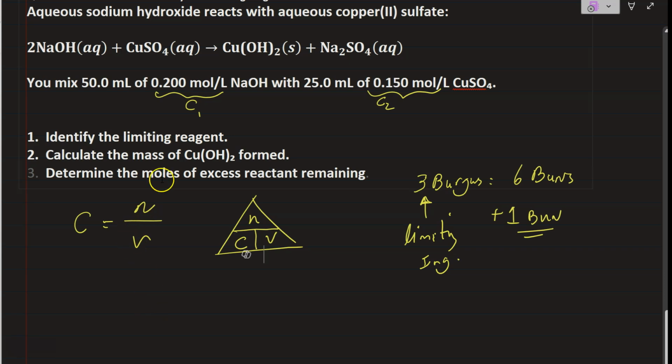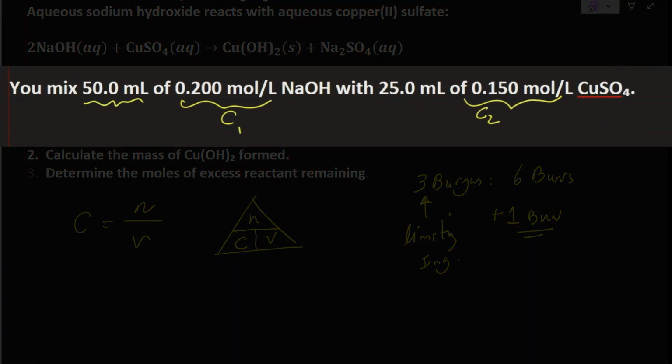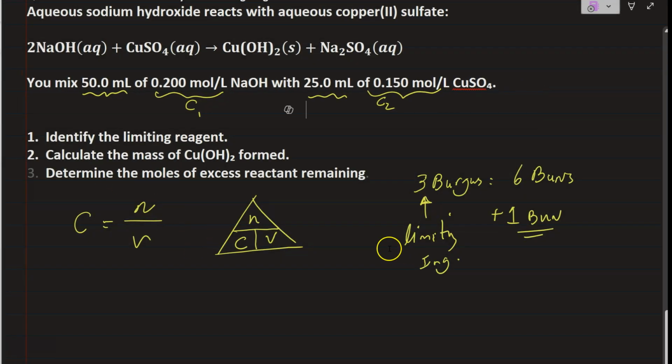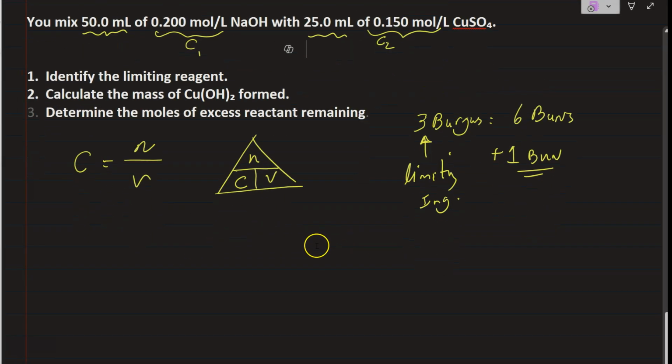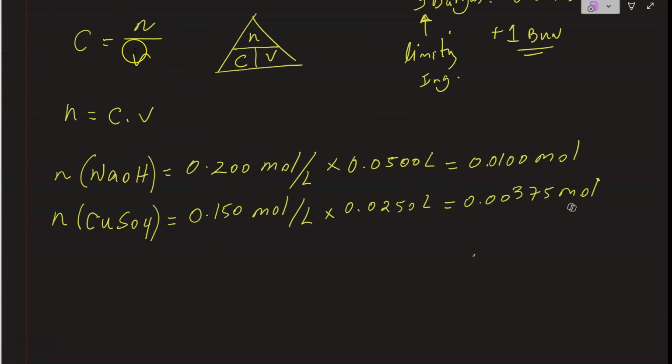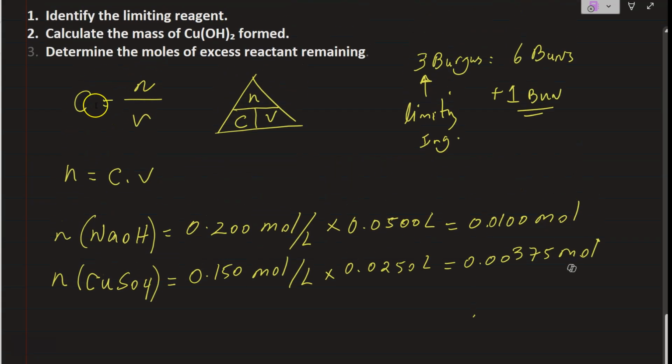All right, for each one of these, we're going to plug in numbers. Now, one thing you need to pay attention to: these volumes are in milliliters. You need to change them to liters because that's what the molar concentration is based on. So I'm going to change the unit to liters in the calculation. You rearrange this molar concentration formula. We want to solve for the moles, N is number of moles.